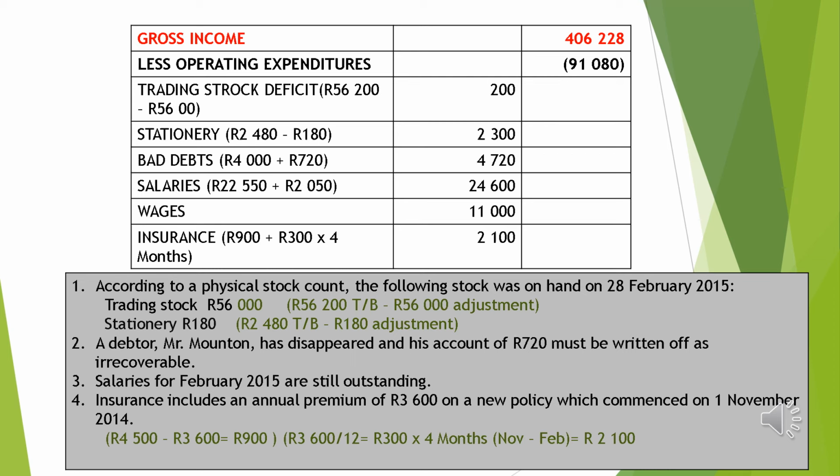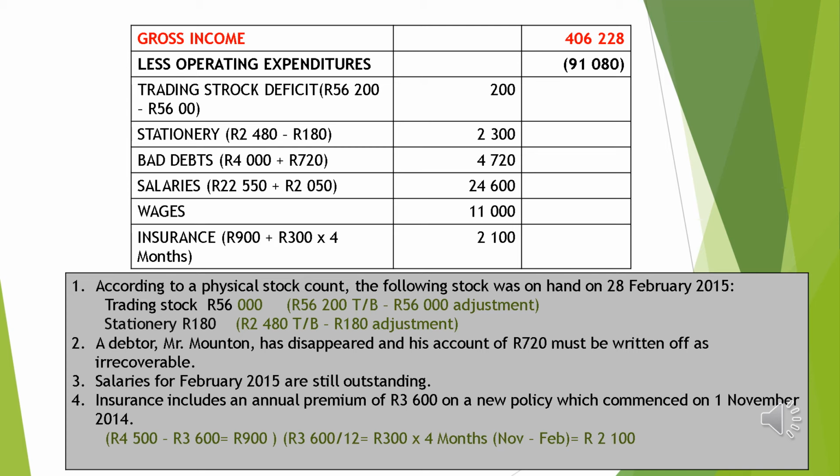Then this 2,050 will also go to your statement of financial position as an accrued expense, a current liability, or an expense payable. Then wages, there are no adjustments, so we took them from the pre-adjustment trial balance as they are.